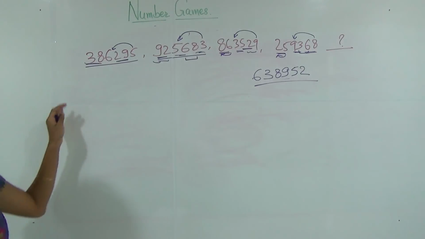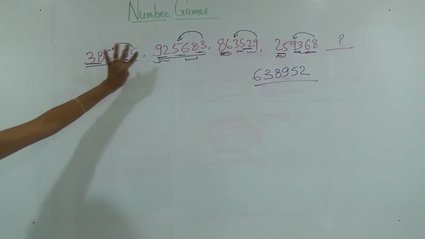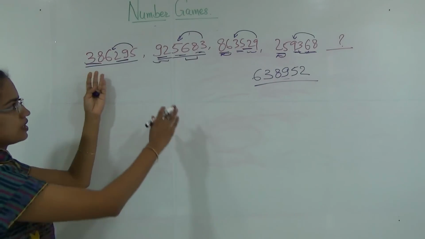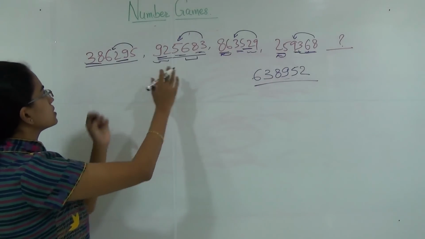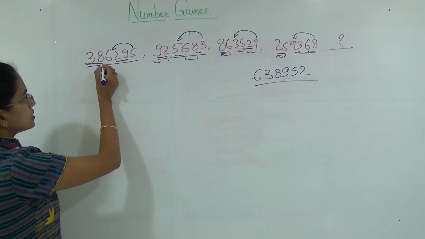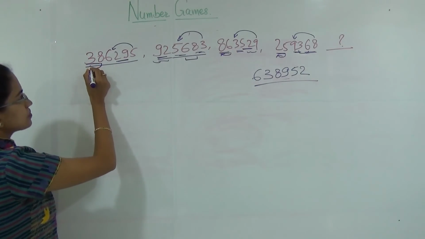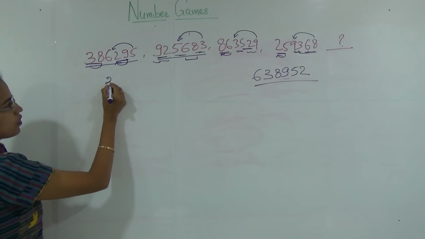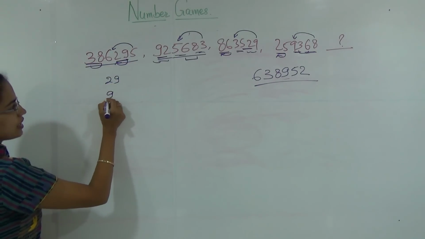Now let me repeat how we did this question. We have the first set of numbers and we have the second set of numbers. We are trying to find out the relationship between these two sets of numbers. First we start with these two numbers. I will reverse those. So for 2, 9, I write 9, 2.